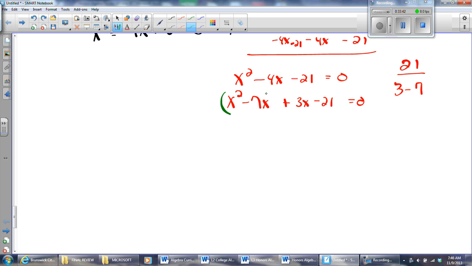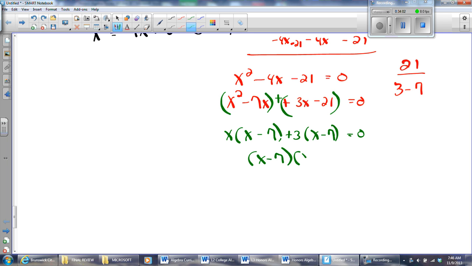And I will take out a GCF, get an x minus 7, take out a 3, get an x minus 7. Okay, and I'll have an x minus 7 times an x plus 3, and that'll equal 0.